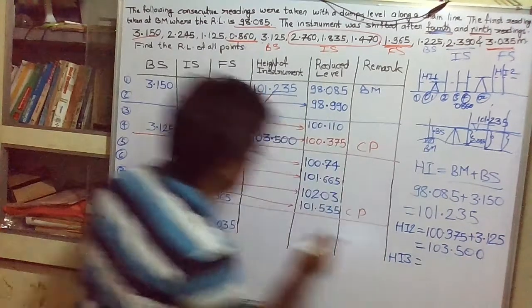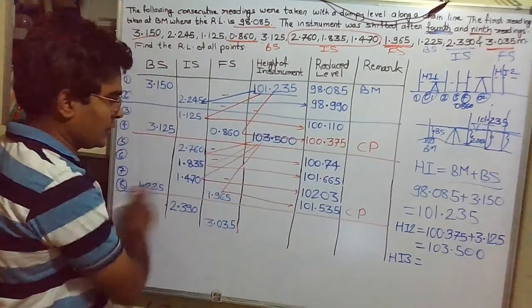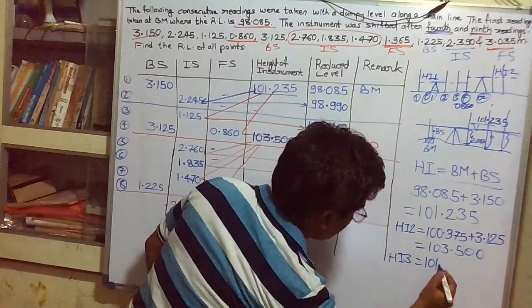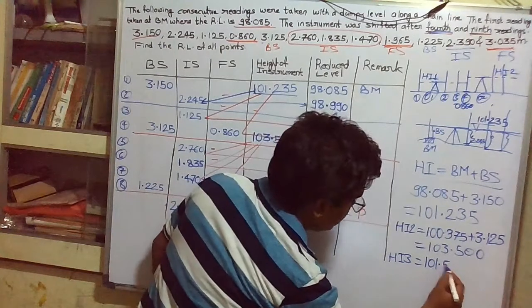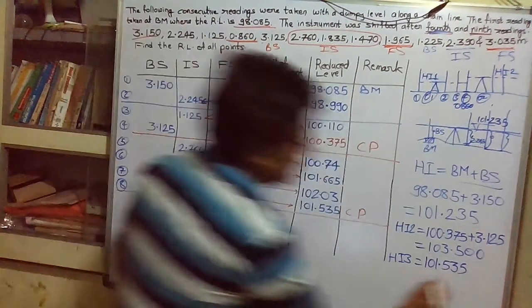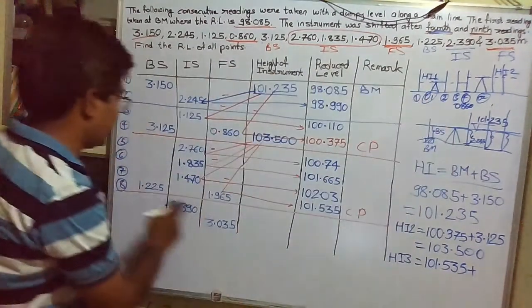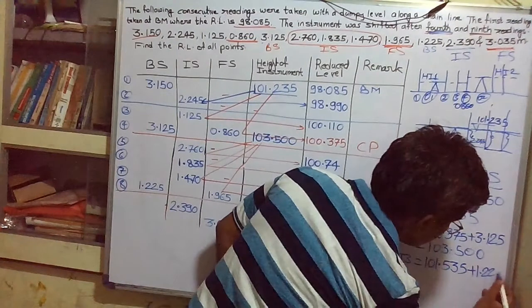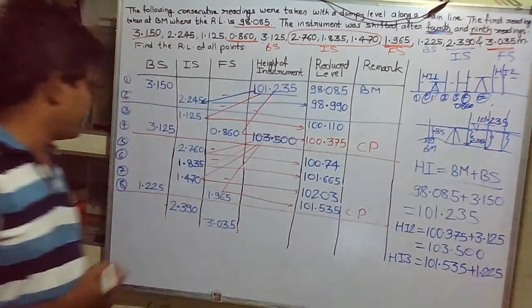HI3 is equal to the RL of point 8, 101.535, plus backside reading. What is the backside reading here? 1.225, that is the backside reading.